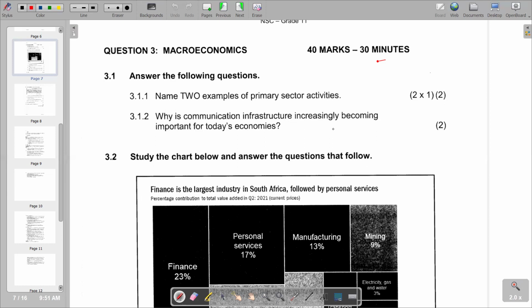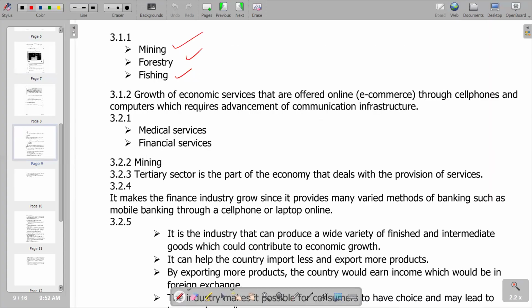So why is it increasingly becoming important for today's economy? It is because of the growth of services that are offered online, that is e-commerce through cell phones and computers, which requires advancement of communication infrastructure. So that is the reason that we have.